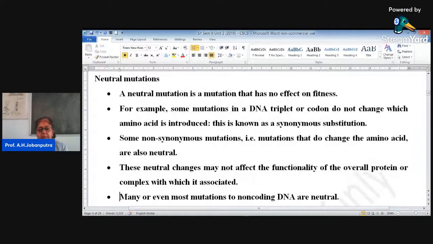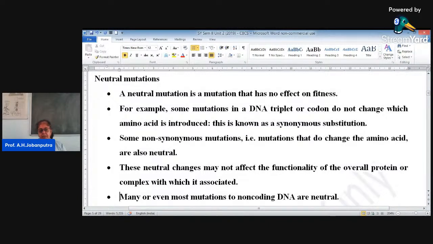So sometimes it happens that mutation takes place and again it is corrected immediately. किंवा mutation takes place at one point and it may be corrected at some other point. So if mutation takes place in a codon which does not affect the amino acid, because degeneracy of the genetic code says that there may be more than one codon for an amino acid.